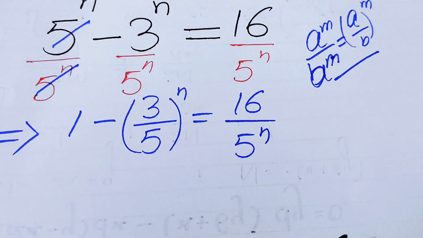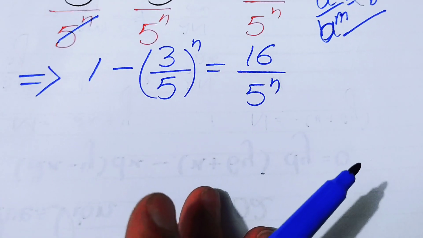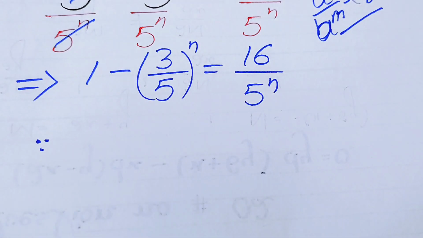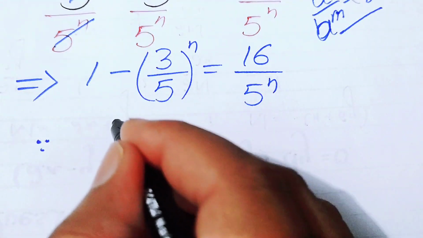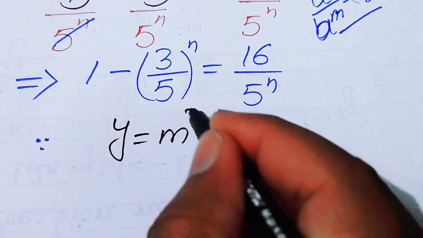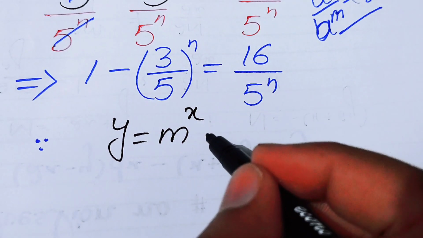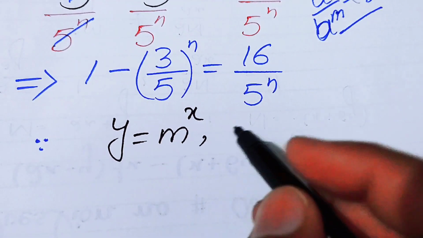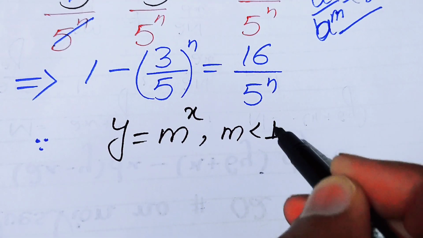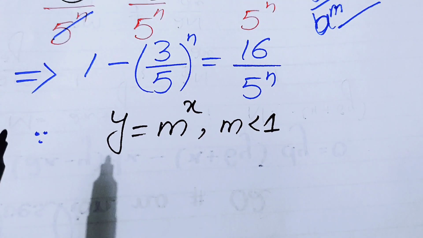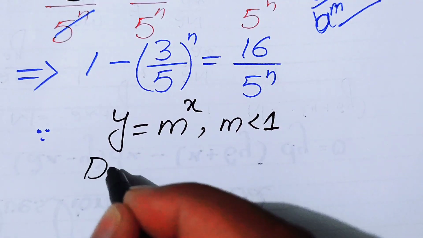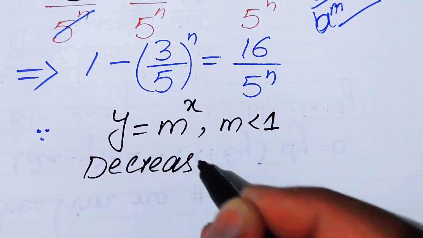So after this step we can use an important fact, and you know about this fact. If we have y is equal to m to the power of x, and if this base m is less than 1, then we can say that this whole function is a decreasing function.